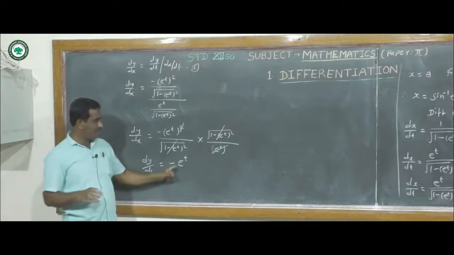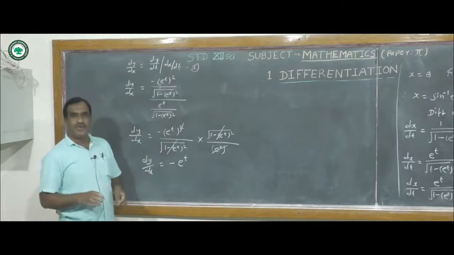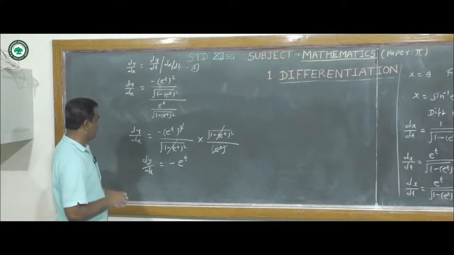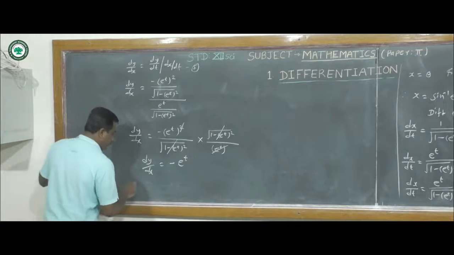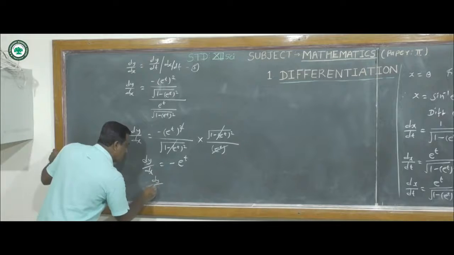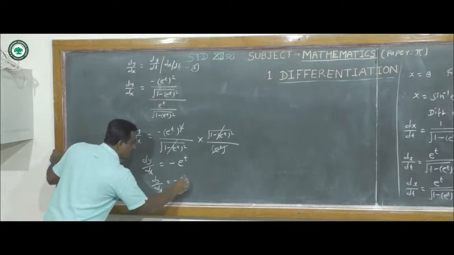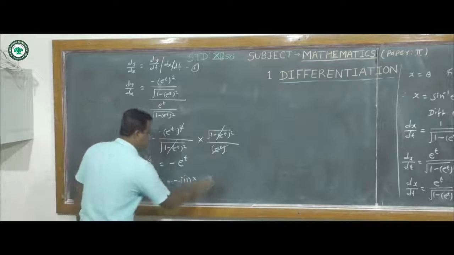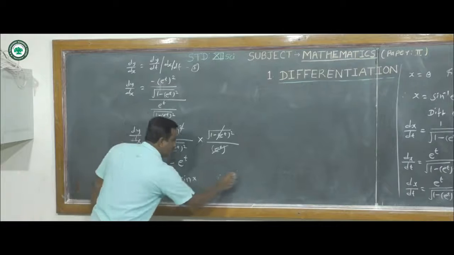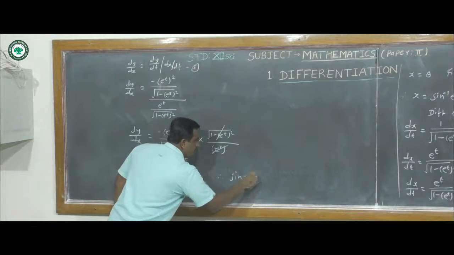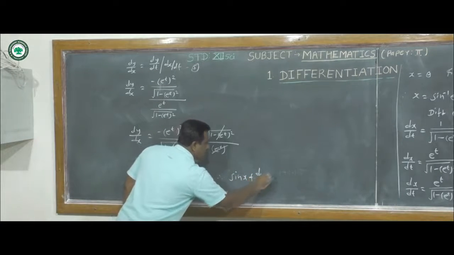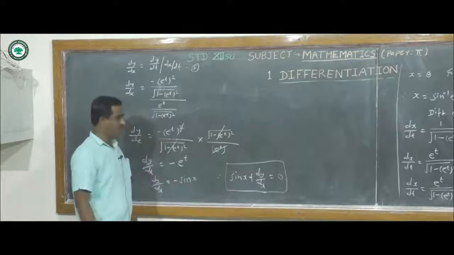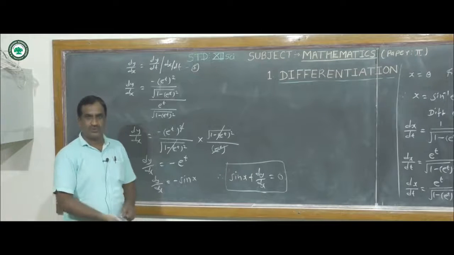Now we know that the value of e raised to t is sin x, that is dy by dx equal to minus sin x. Therefore we can write sin x plus dy by dx is equal to 0. That is what we had to show.